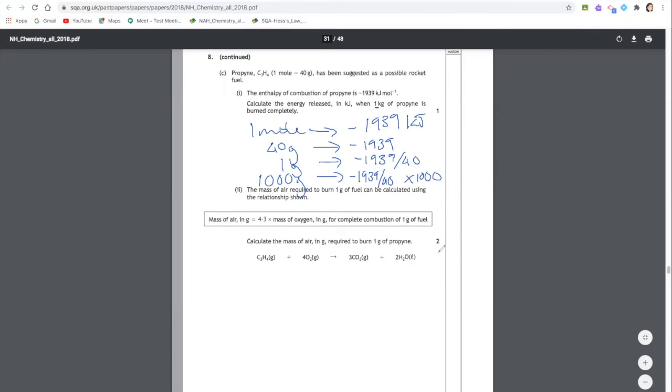You put all that into your calculator: 1939 divided by 40 times 1,000 is 48475 kilojoules. Lots of energy. And it'd be negative, sorry, exothermic, always for combustion.